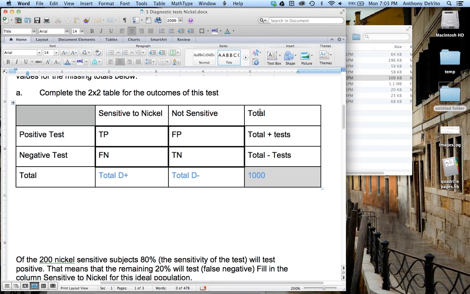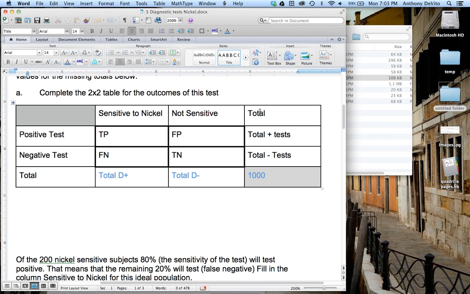So sometimes you'll see me indicate a positive test with a T with a plus, and a negative test as a T with a minus, and disease as a D with a plus, and no disease as a D with a minus. Okay, so in our case, the sensitivity to nickel is our disease. In the rows, we have people that got a positive test and a negative test.